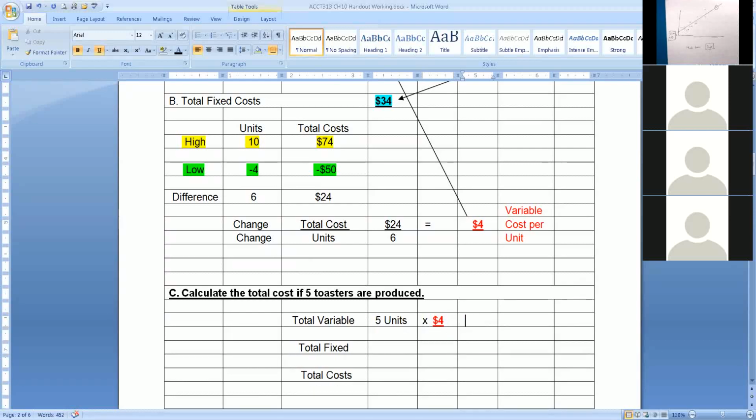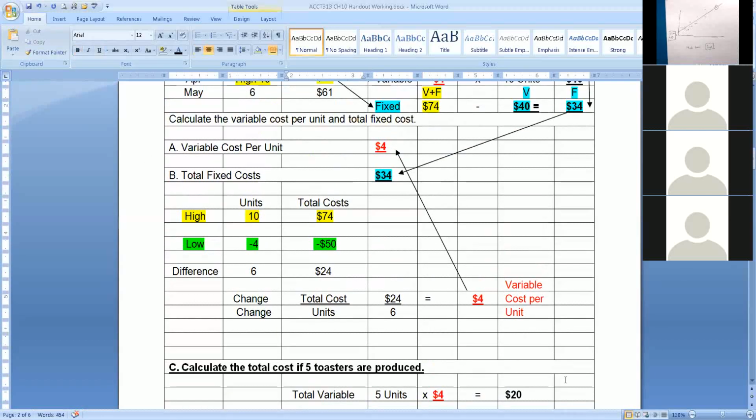So 5 units, what is that, 20? So the total variable cost would be 20. Each unit costs $4.